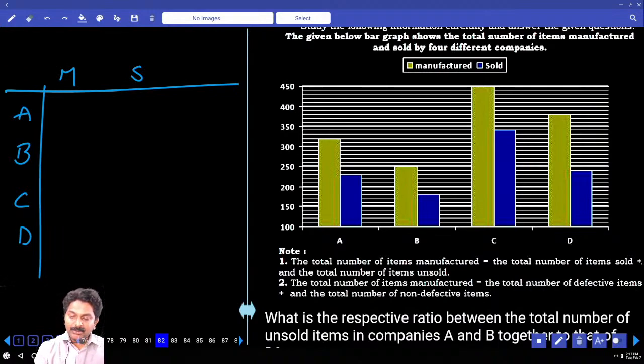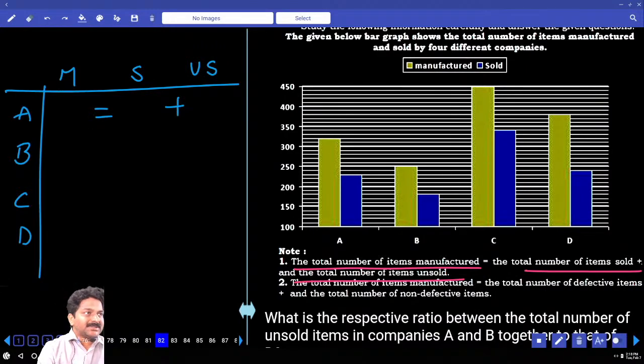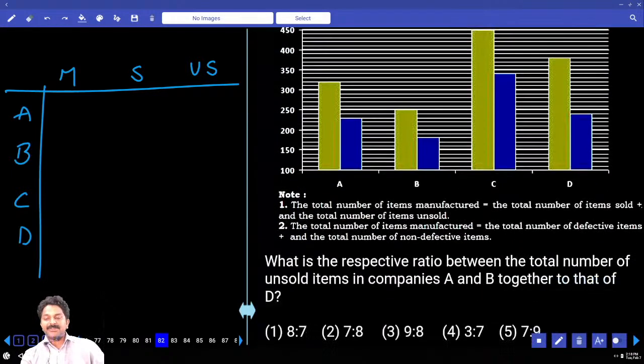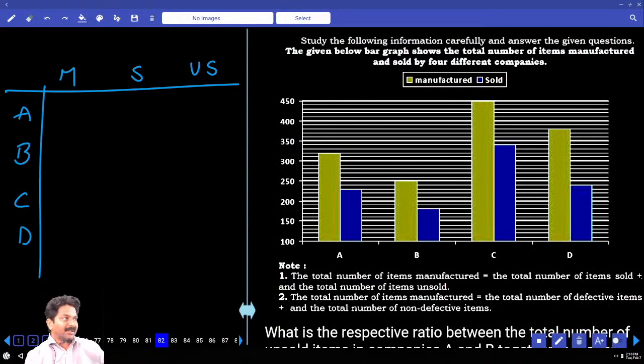There is a note: the total number of items manufactured is the number of items sold plus unsold. Second point, the total number of items manufactured is the defective items plus non-defective. Defective or non-defective information is not in the bar graph, so I don't want to write the table.